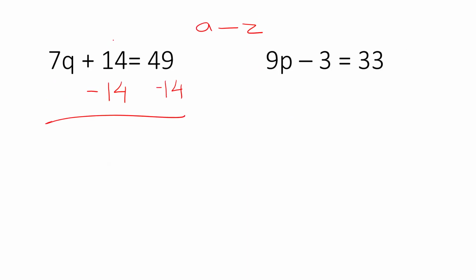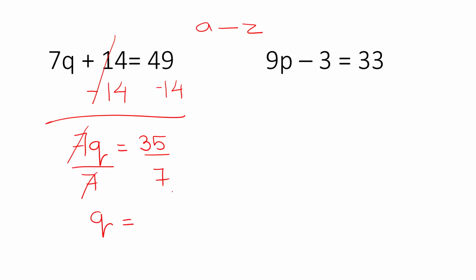When we add them together, we are left with 7Q on the left side equals 35. And now we have to divide by 7, because the inverse of multiplication is division. And this also allows us to get rid of 7, as we are only interested in our unknown, which is Q. So Q equals 5.